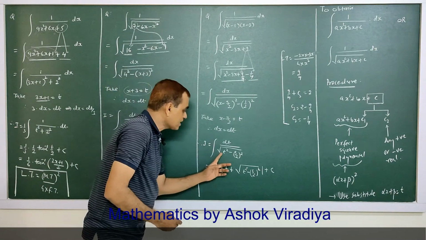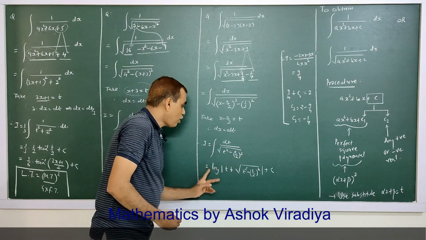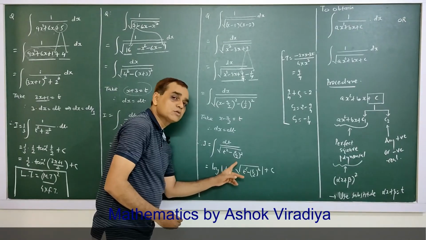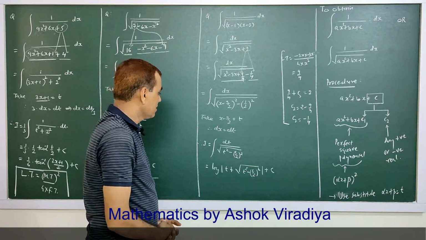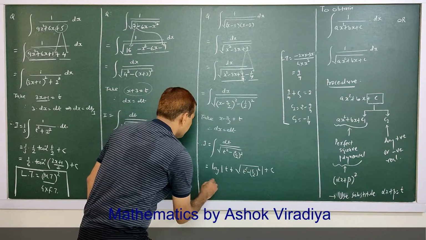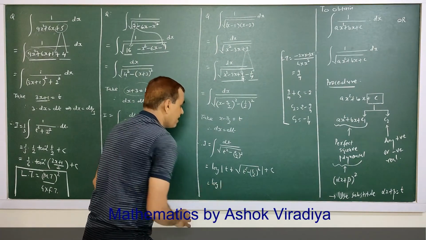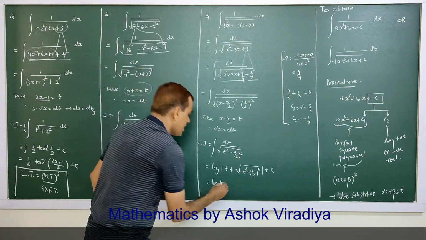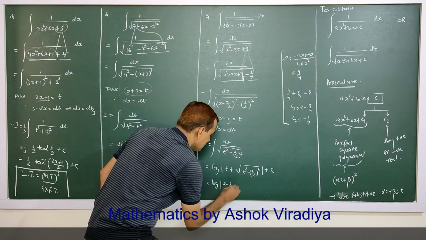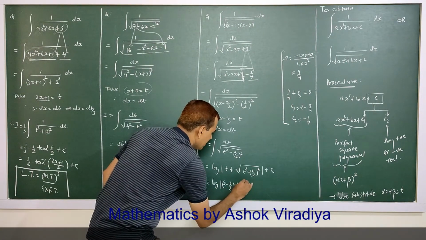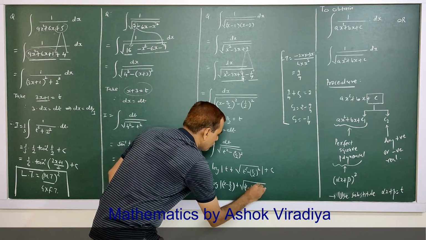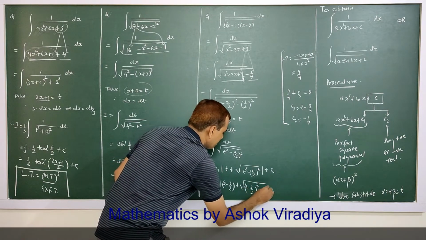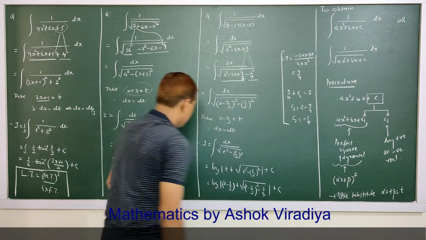1 upon root x square minus a square, so log mod x plus root x square minus a square plus c. So this is log mod, value of t is x minus 3 by 2. Here x minus 3 by 2 whole square minus 1 by 4 plus c.